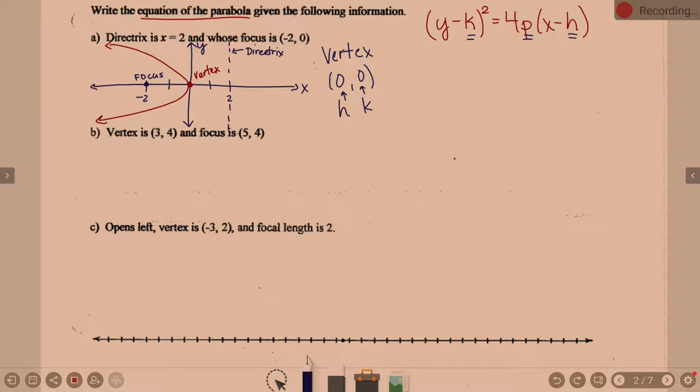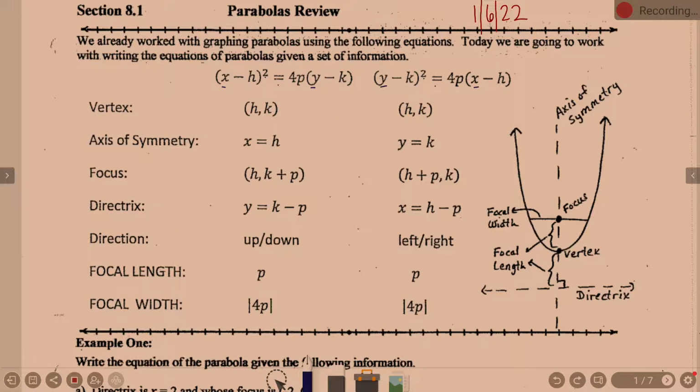Now, I have one other thought of another way you can find P if you're not a picture person. You can use the directrix or the focus, either or. I personally am going to use the directrix. We were provided that the directrix is x equals 2, correct? Go back to the chart. We're working in the second column. What does it say the directrix is in formula form? X equals h minus p.